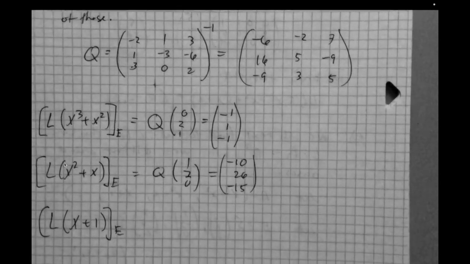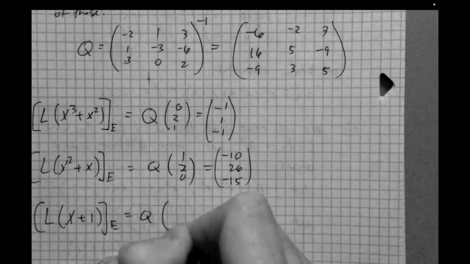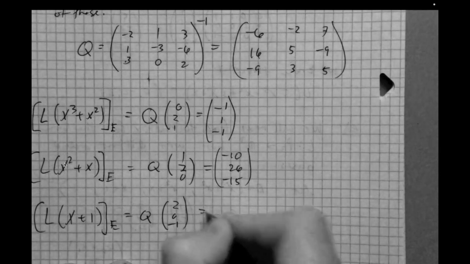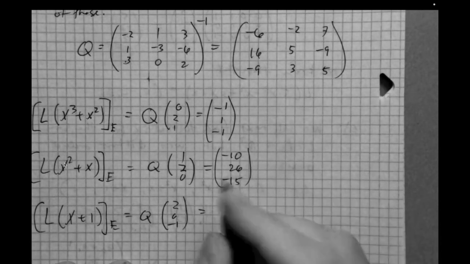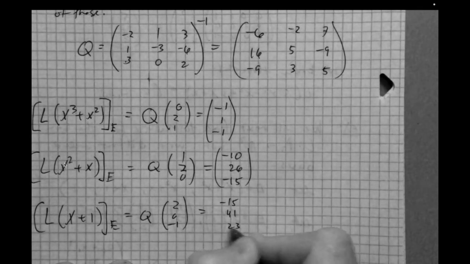And L of x plus 1 coordinatized in E is equal to Q times (2, 0, -1), which turns out to be, and again, take your time, multiply a couple of these through, make sure you see that this is working, (-15, 41, 23).